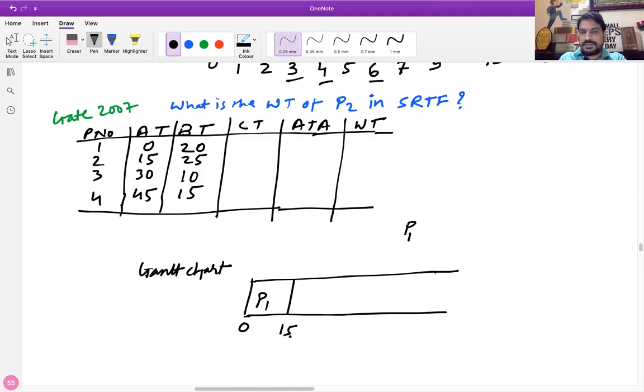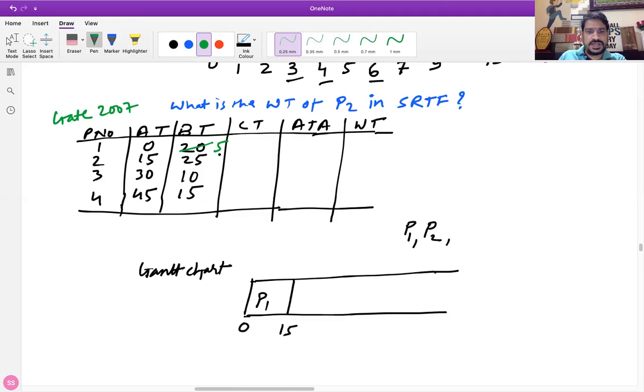At time 15, we'll see what the status is. Now in the ready queue, we have P2 also available. If P2 is available, what is the remaining time here? The remaining time which is left for P1 is 5, because 15 is already done.